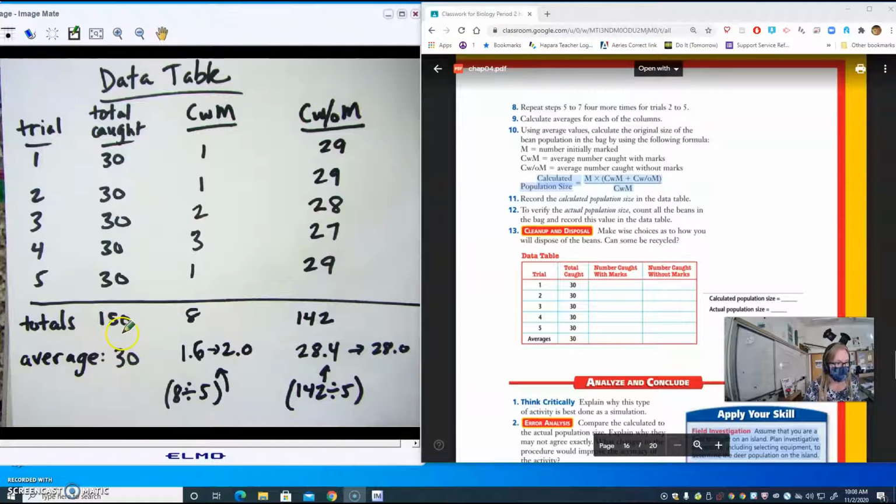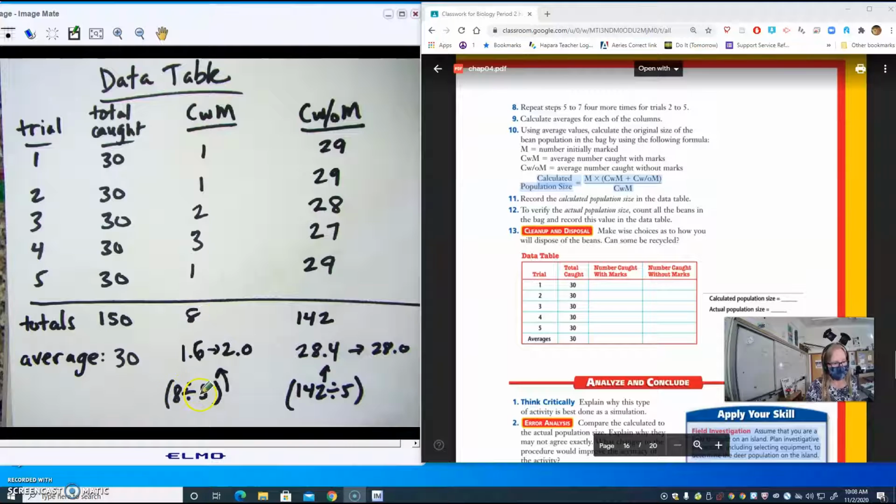And to get an average, you divide this by 5, right? So the average is 30, which makes sense because they're all 30, okay? For the average for the number caught with marks, your numbers should look different than mine. They probably will. I add up all of these, got a total of 8. Yep, and just double checking, okay?